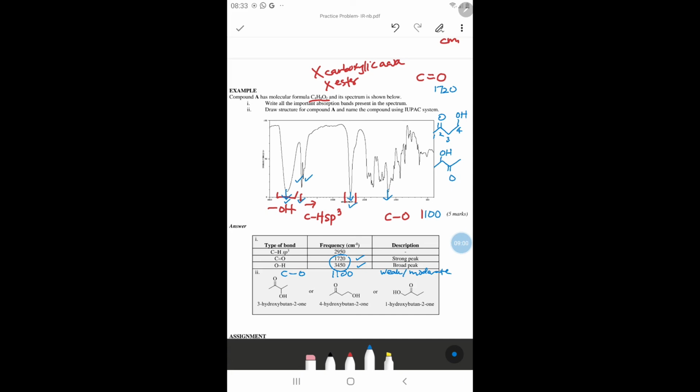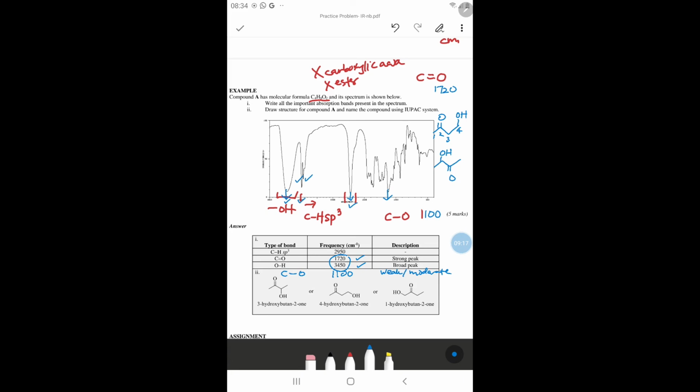So this is how you answer a question when you are given a spectrum together with a molecular formula. You can see it's only in table form. You list down all the bond types and the frequency.